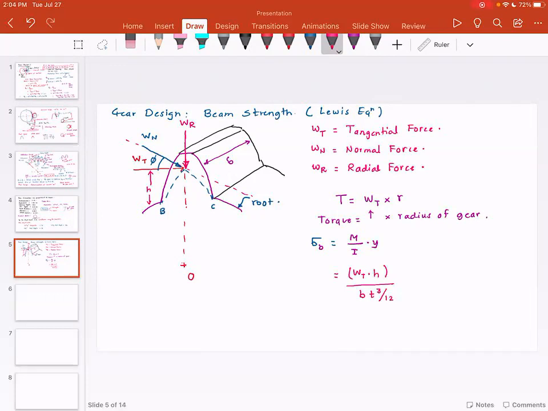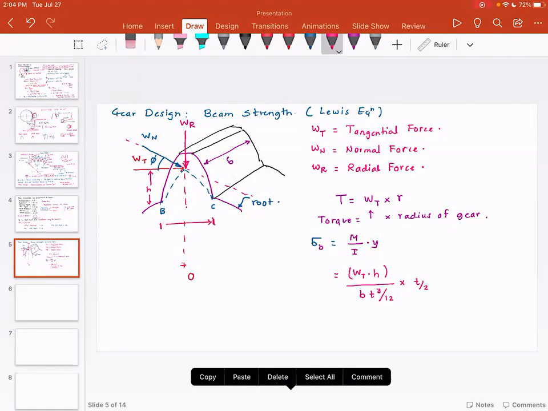Y is T by 2. I need to tell you what T is. T is the tooth thickness.